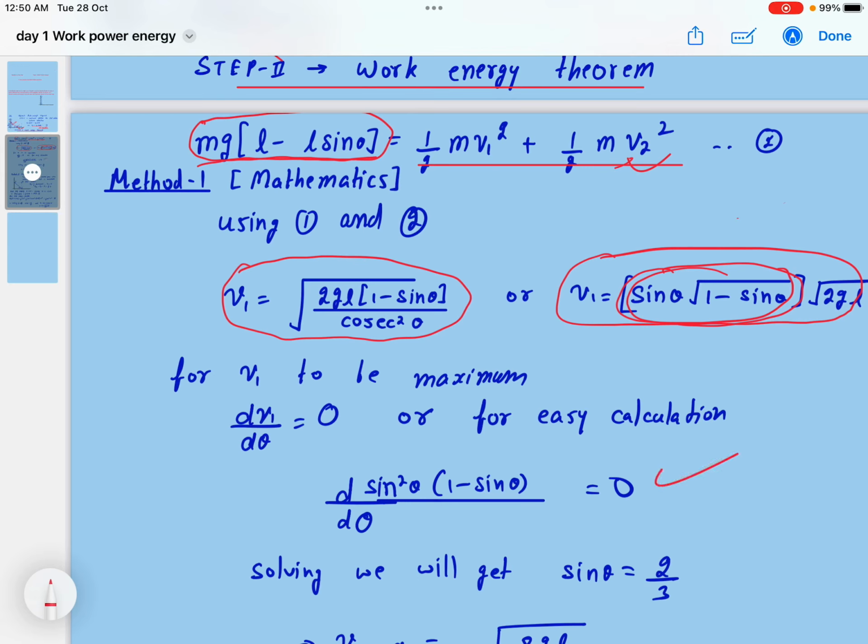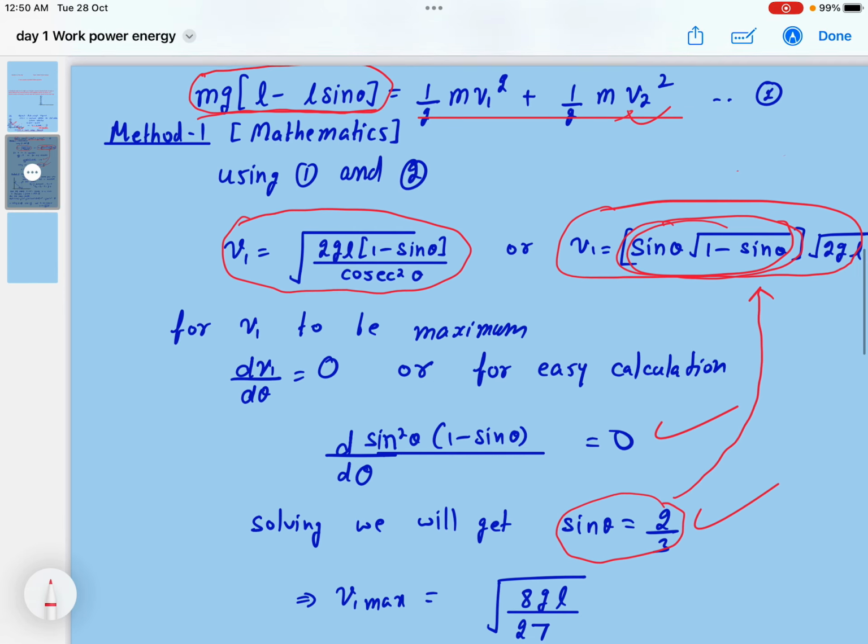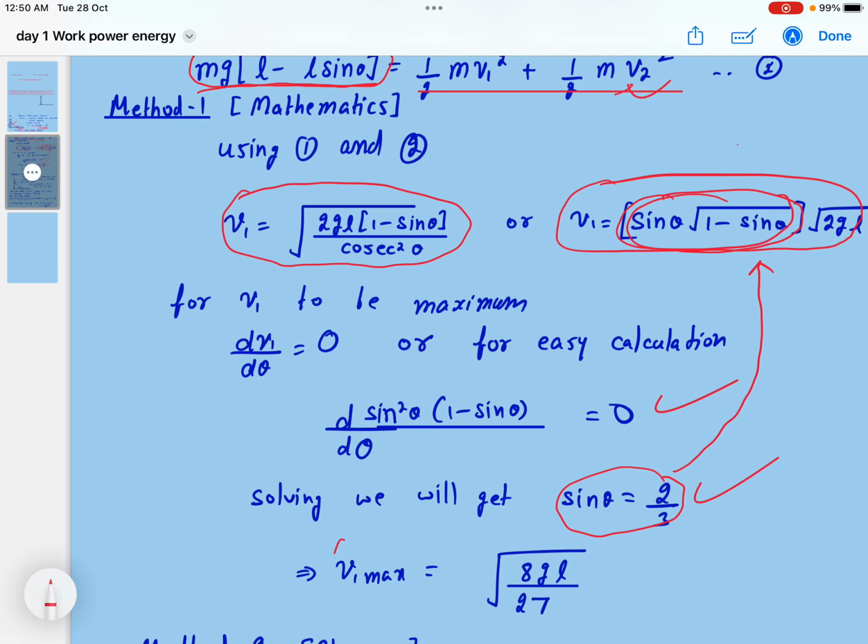On solving, I get sin theta as 2 by 3. If you substitute sin theta equal to 2 by 3 here, you will get the maximum velocity of the lower ball. So we are getting the answer directly.